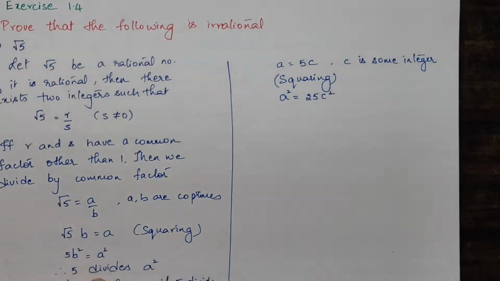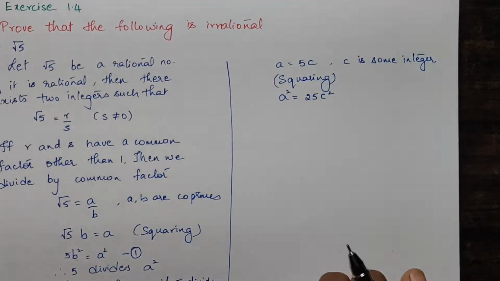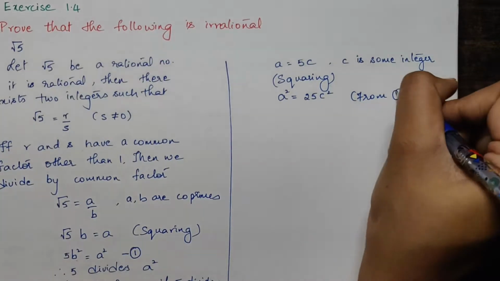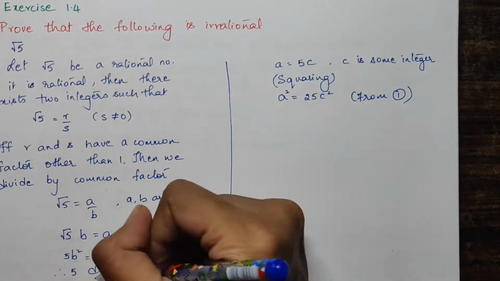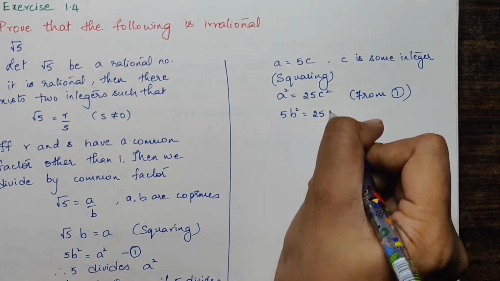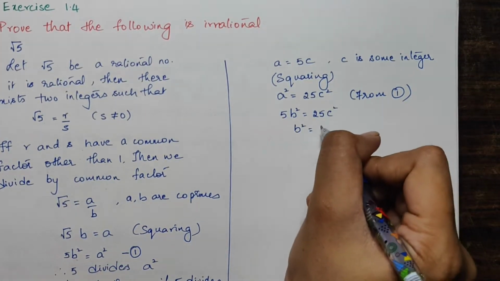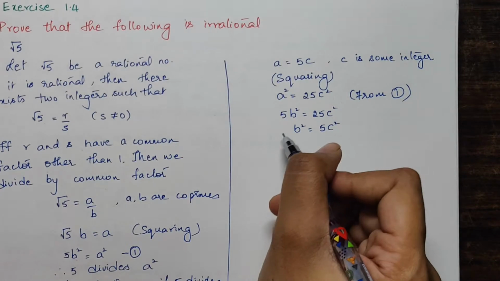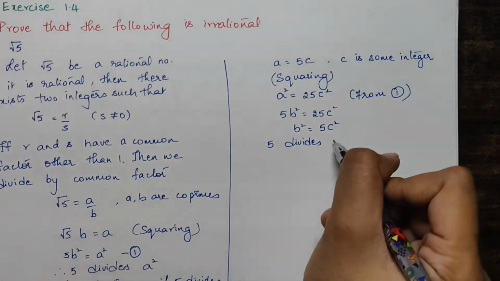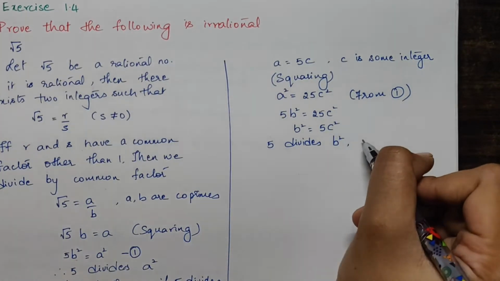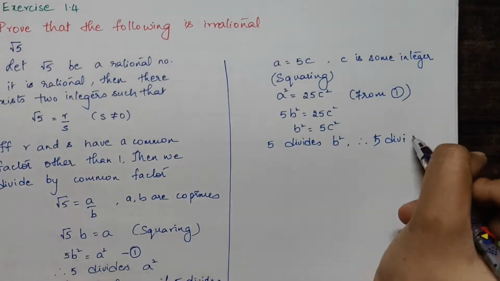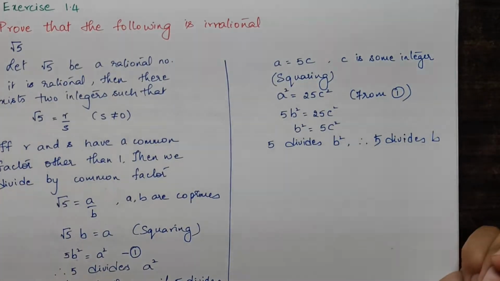Previously in equation 1, I have a square equals 5b square. So I will replace here: 5b square equals 25 c square, so b square equals 5 c square. Now here 5 divides b square. Therefore 5 divides b.